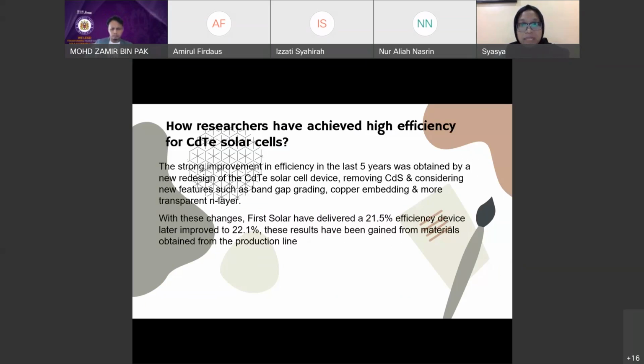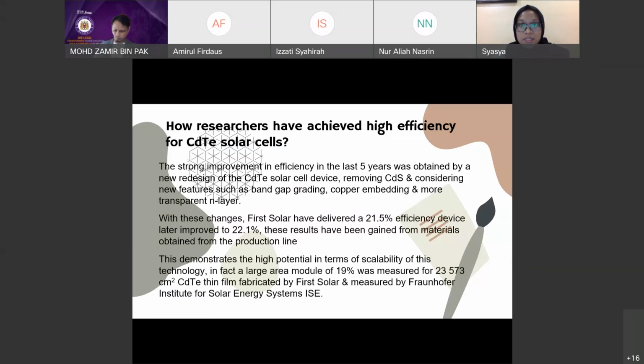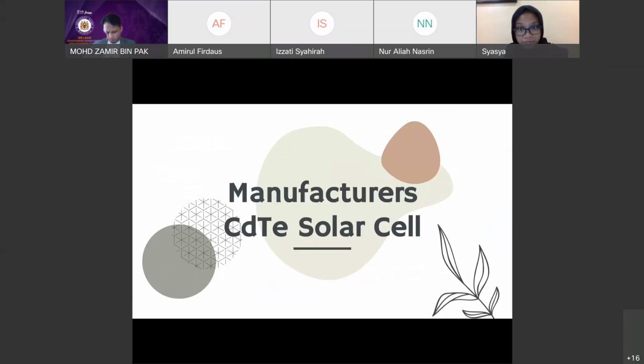These results were gained from materials obtained from the production line. This demonstrates the high potential in terms of scalability of this technology. In fact, a large area module of 19% was measured for a 23,573 centimeters squared cadmium telluride thin film module fabricated by First Solar and measured by the Fraunhofer Institute for Solar Energy Systems (ISE).